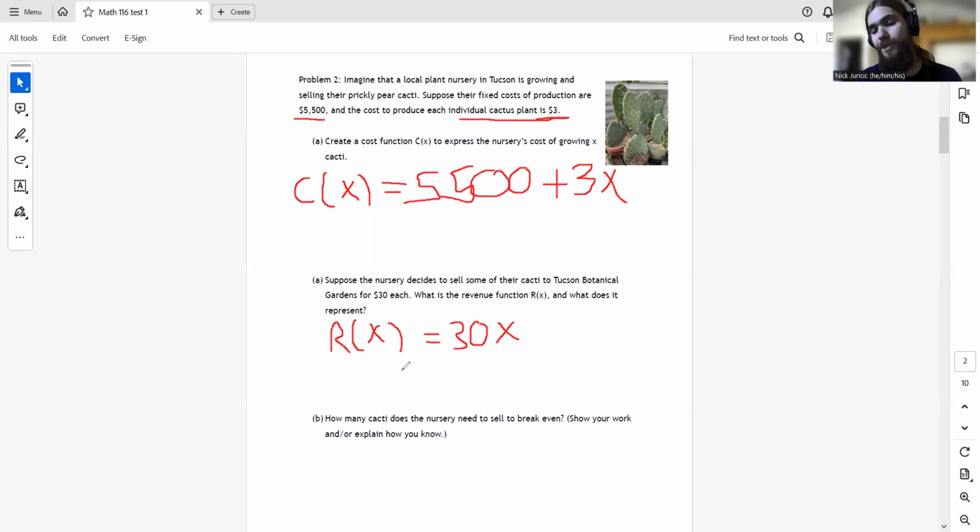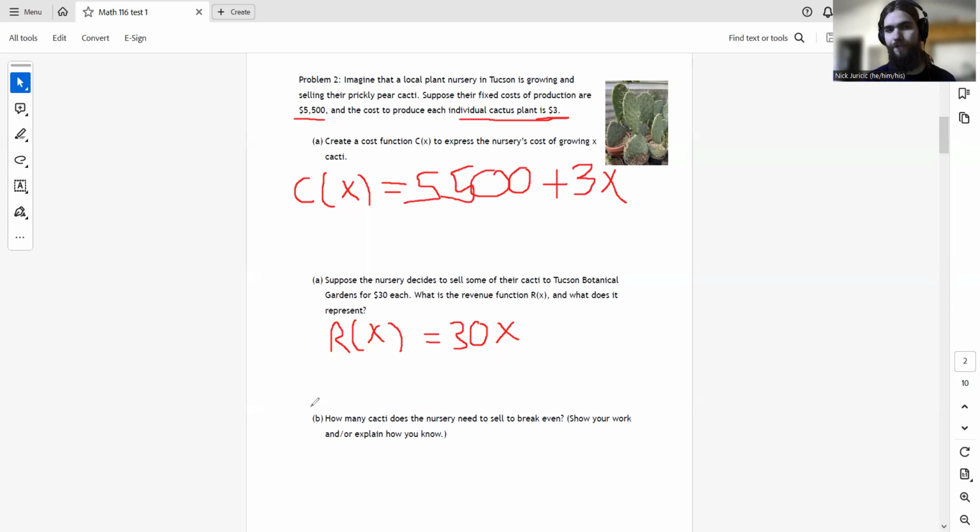Some people said it represents the fact that the revenue gained from selling a cactus is $30 each, getting at the marginal revenue in this case. Sorry, I keep mixing these up in my speech, but as long as you gave some sort of explanation as to what it represents, however you look at it, that was great.